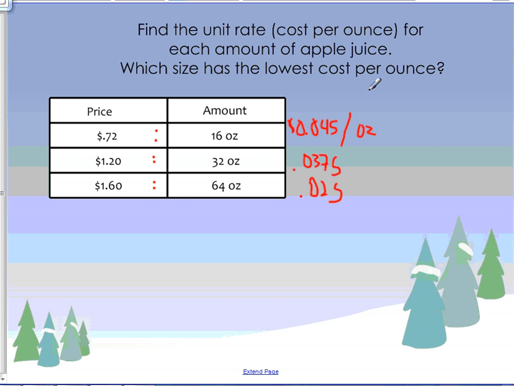So which has the lowest cost per ounce? That would be this bottom one. All right, so while you may think, oh, it's a little bit more money, you're actually getting more bang for your buck. This is a great thing to do when you're grocery shopping, when you need to figure out if you need to save some money. This is a great skill to learn how to do.